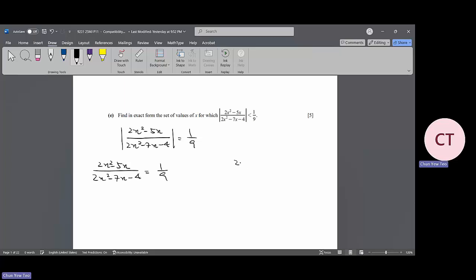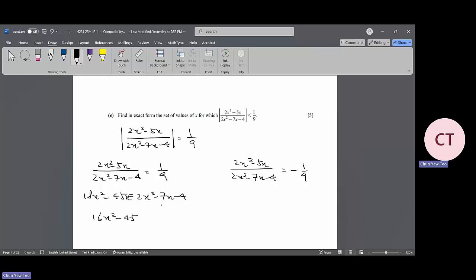Another part is a negative 1/9. So just need to solve it. 18x squared minus 45x is equal to 2x squared minus 7x minus 4. So you will get 16x squared minus 45.